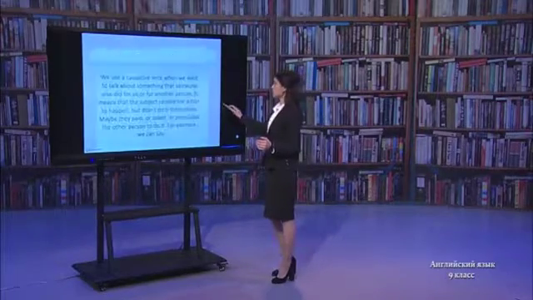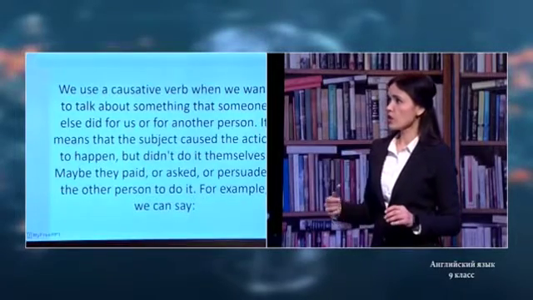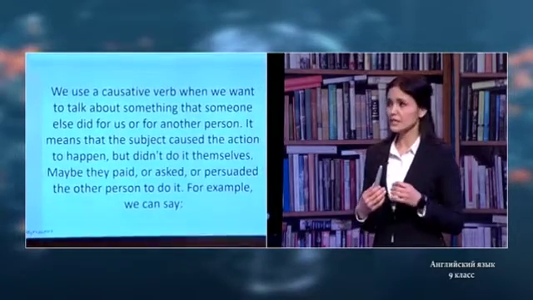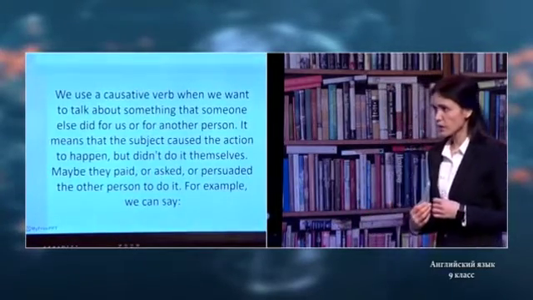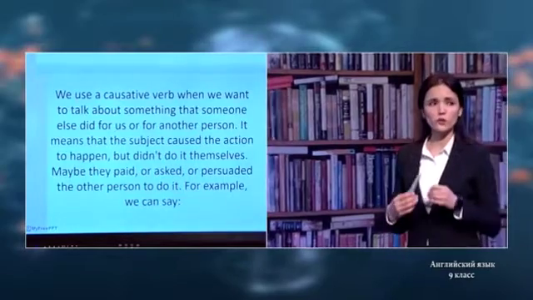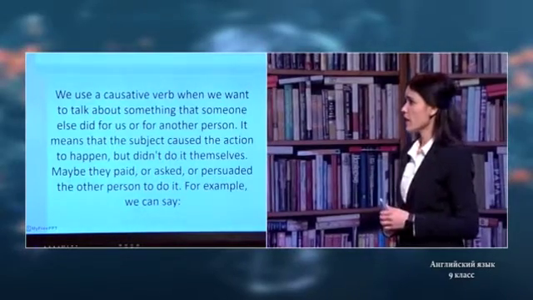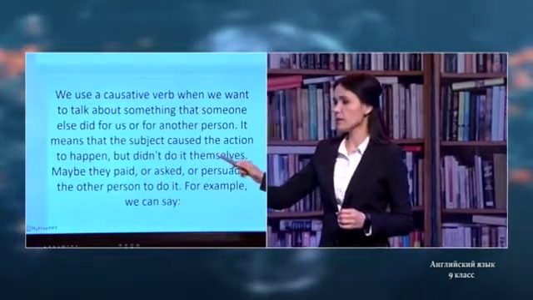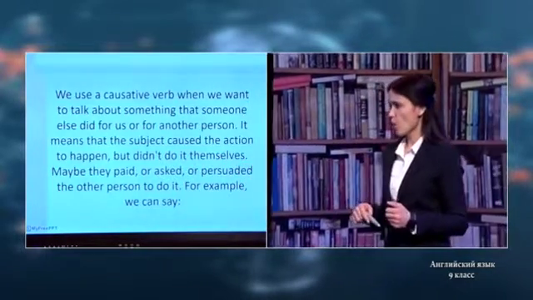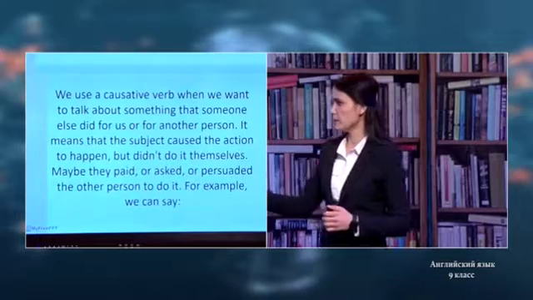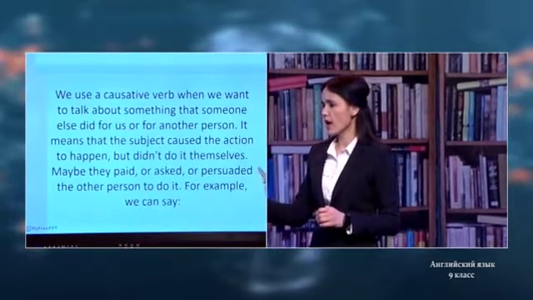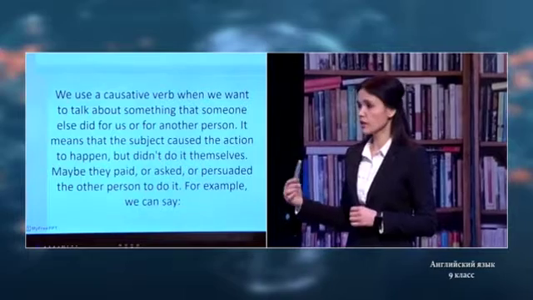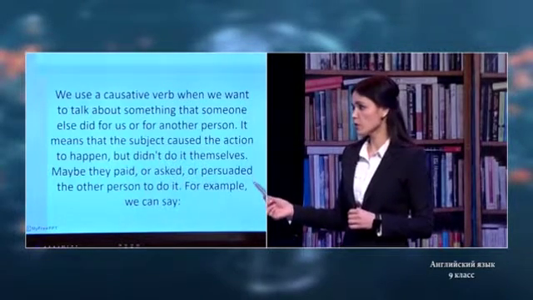We use a causative when we talk about something that someone else did for us or for another person, but didn't do it for themselves. Maybe they paid or asked or persuaded. Persuaded means they asked the other person politely to do it.